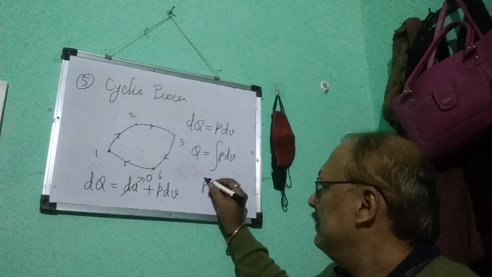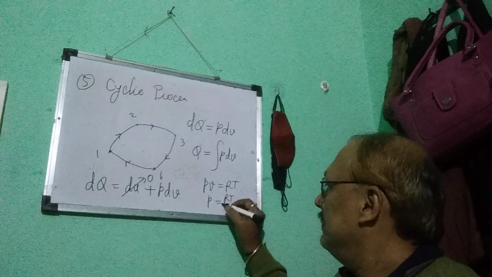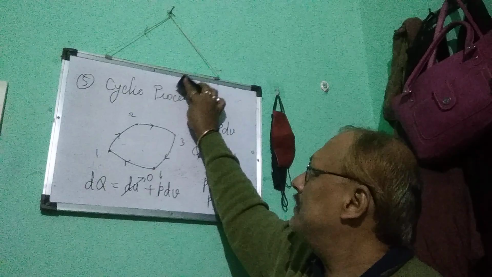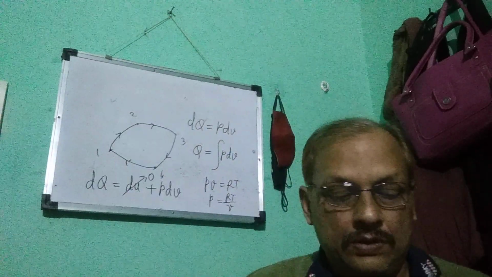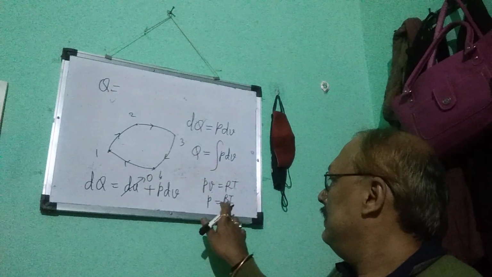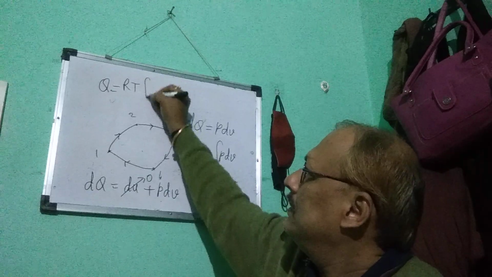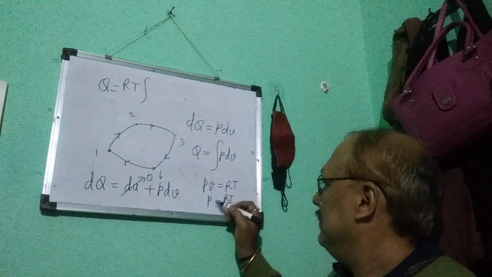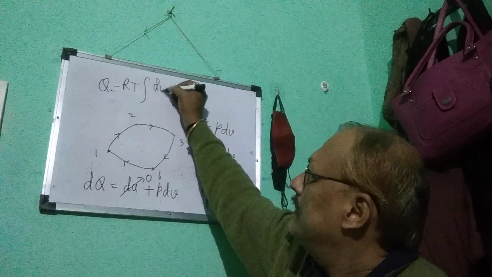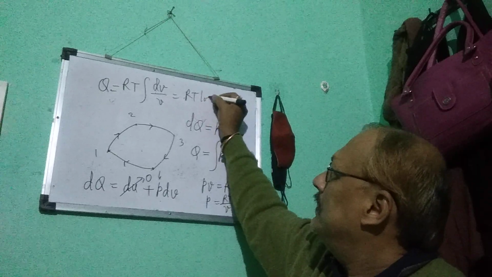So p we could put as RT by v. So q = RT, which is constant, times the integration of 1/v dv, so RT log v.